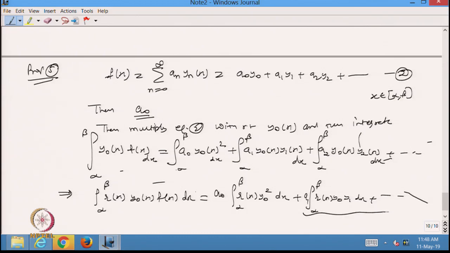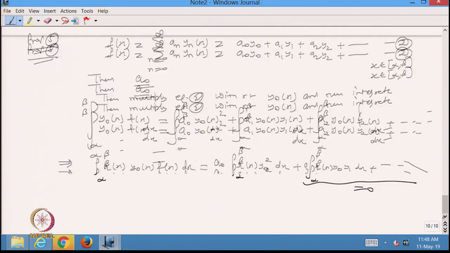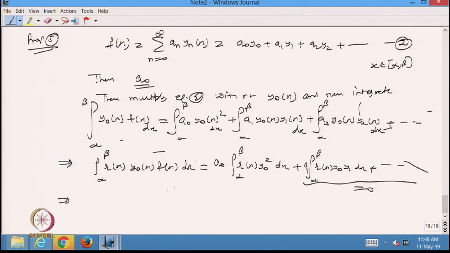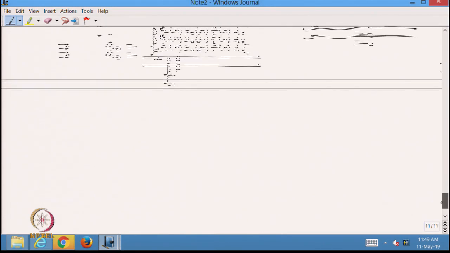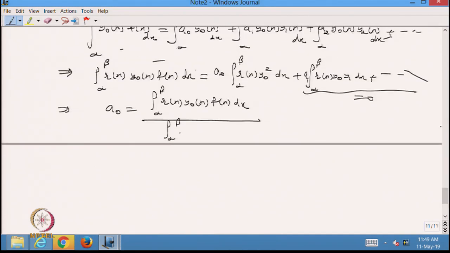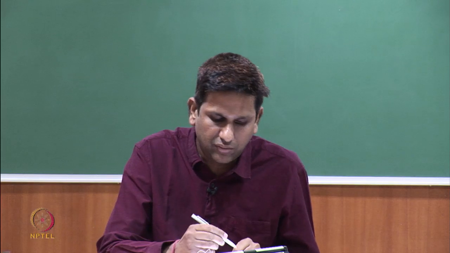Now, this part all will be 0 because they are orthogonal. So, from here I can find out that my a naught will be alpha to beta Rx y naught x f x dx divided by alpha to beta Rx y naught square dx. So, in this way I am able to find my value of a0.